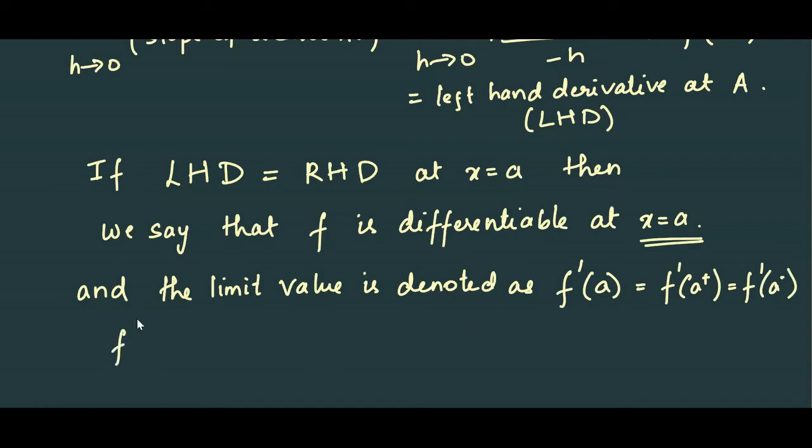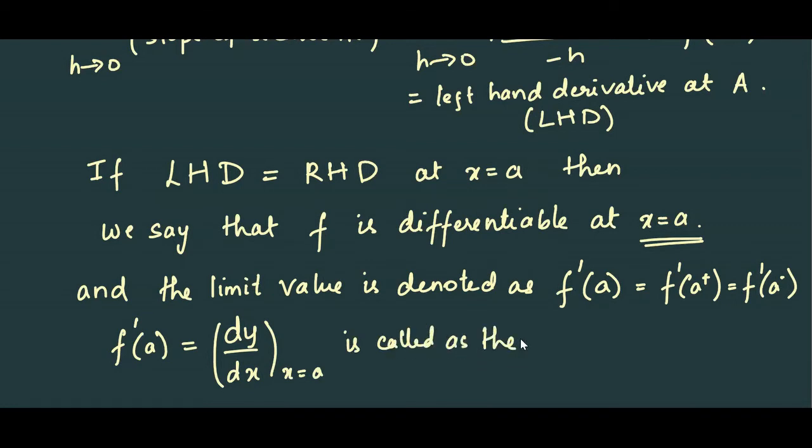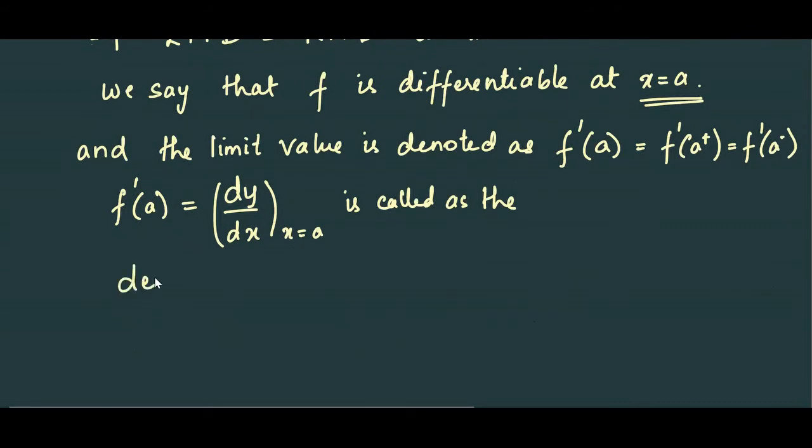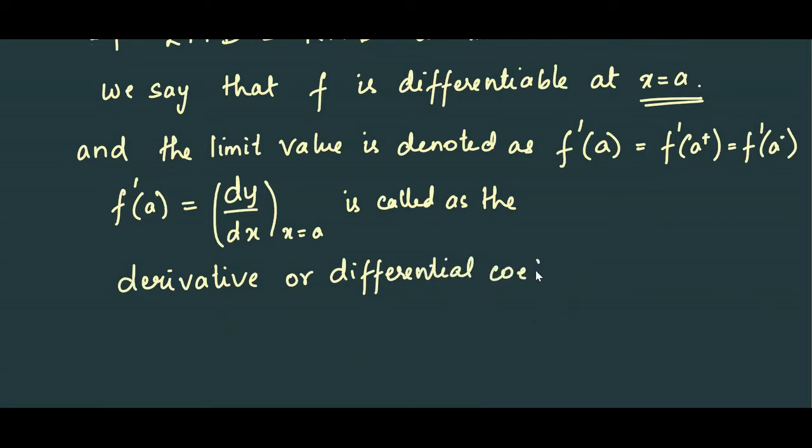This f dash of A, or we write as dy by dx at x equal to A, is called the derivative, or differential coefficient of f at A, at x equal to A. All right.